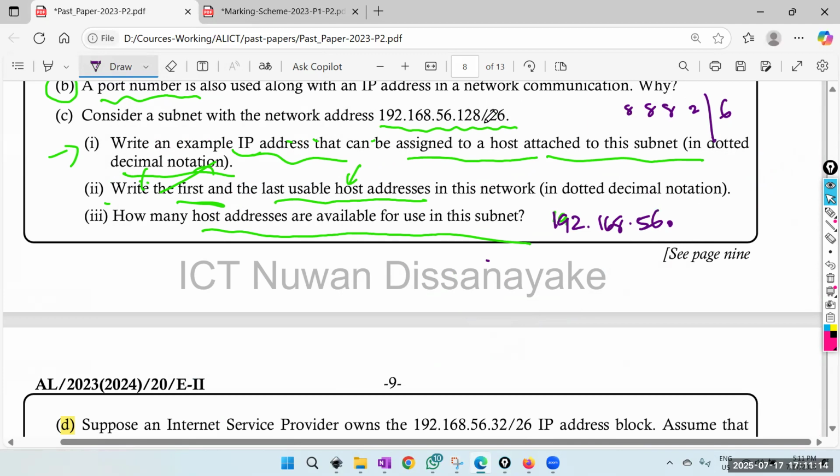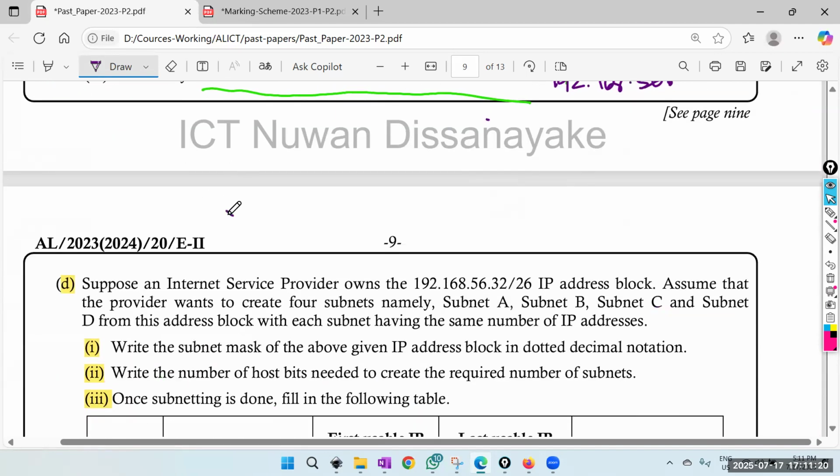Therefore, I'll convert 128 into binary. 128: 1. 64: nothing. 32: nothing. 16: nothing. 8: nothing. 4: nothing. 2: nothing. 1: nothing.